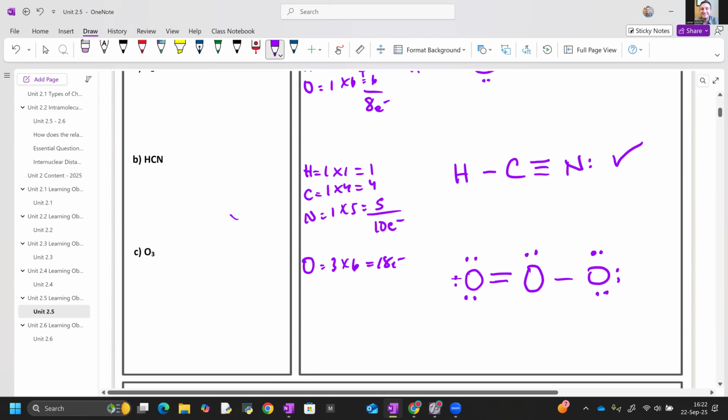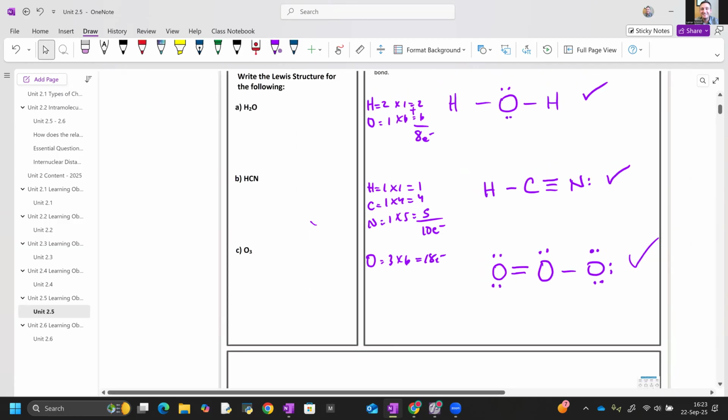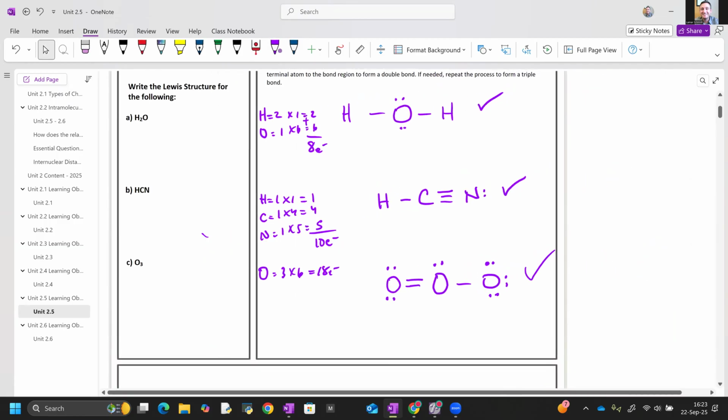And so we have 2, 4, 6, 8 on that oxygen, 2, 4, 6, 8 on that oxygen, and 2, 4, 6, 8 on that oxygen, for a total of 2, 4, 6, 8, 10, 12, 14, 16, 18. This picture is looking really good. And so that's how we get our Lewis structures drawn for some simple structures.